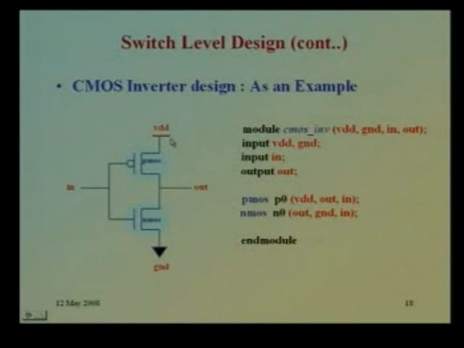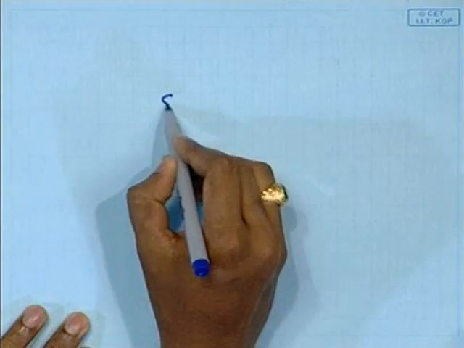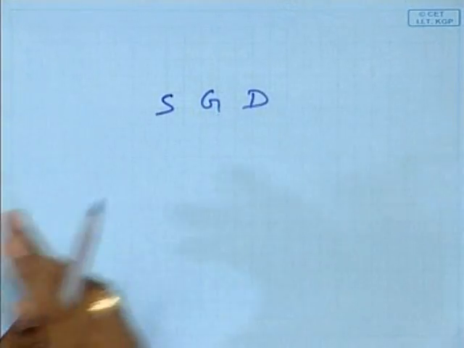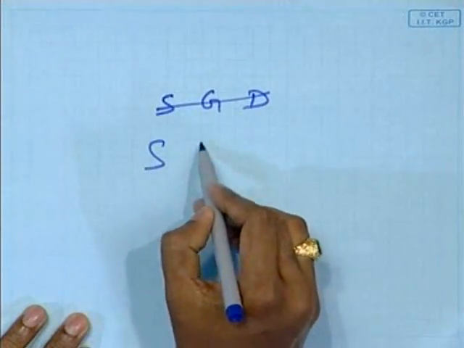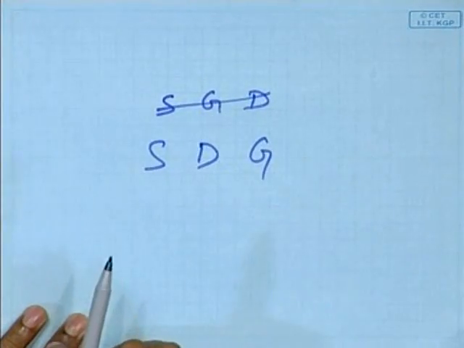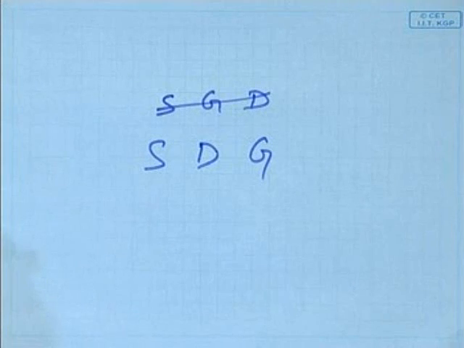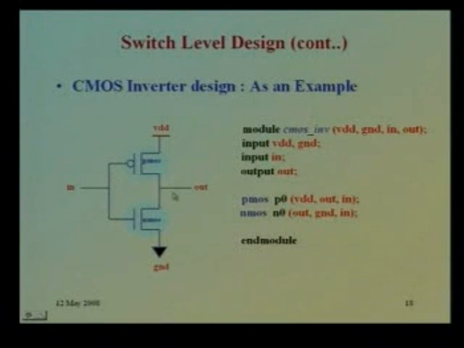So the order of the ports in the PMOS is source, drain, and gate, SDG. The source is connected to VDD, the drain is connected to out, and the gate is connected to in. NMOS is in a similar way. Now I have modeled my inverter. This is switch level.